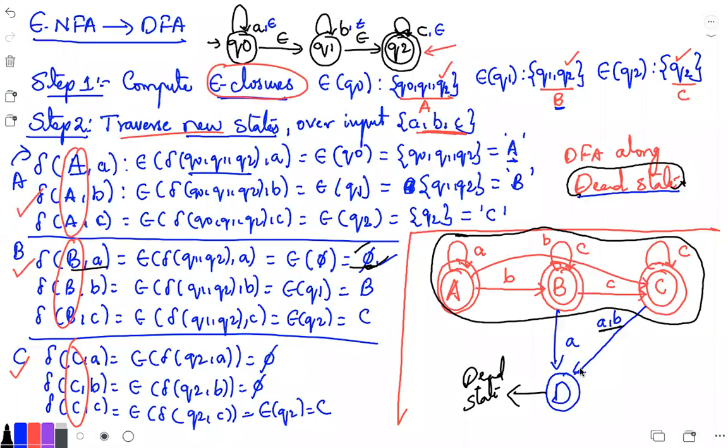Clear, everyone? Yes, sir. If only epsilon-NFA to DFA is asked, the first one is fine, that is the actual DFA. If you want to show the dead state also, that is the blue extended portion. But you need not worry, as it is not really becoming a DFA. Don't worry.